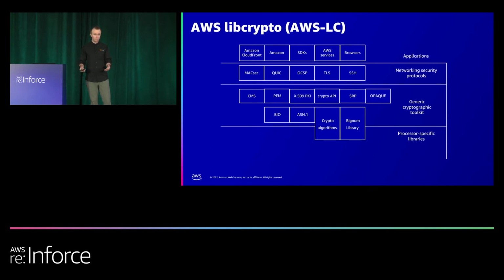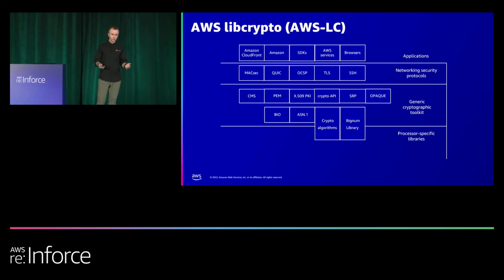I'll be talking a lot in this talk about elliptic curve Diffie-Hellman. This is commonly used in TLS and SSH to establish secure keys between the clients and servers. Another algorithm you'll hear me talk a lot about today is AES-GCM. This uses the secure keys from elliptic curve Diffie-Hellman to secure your data in transit to AWS.